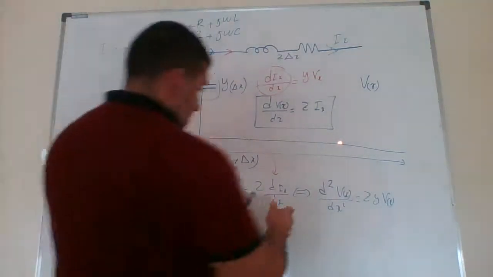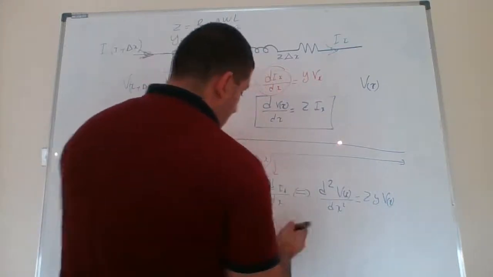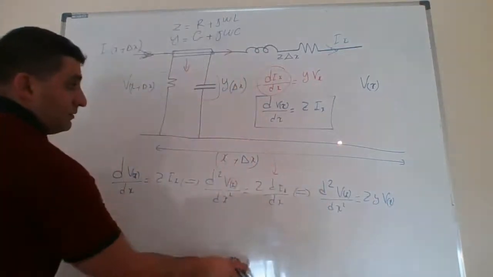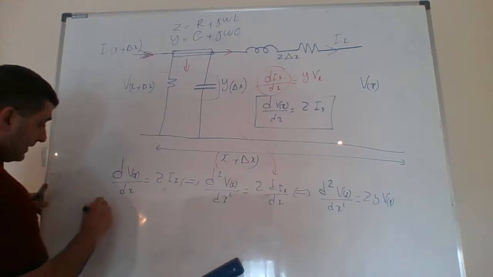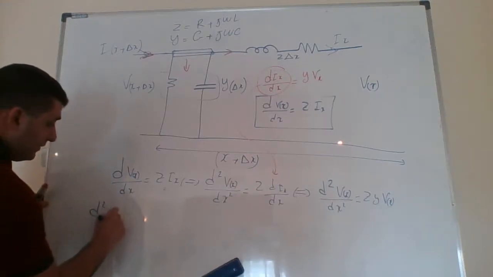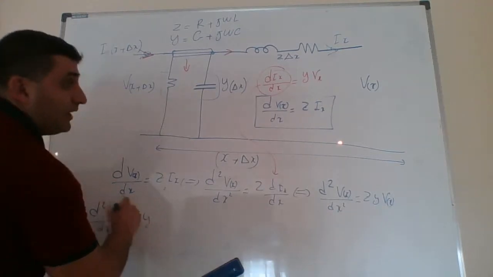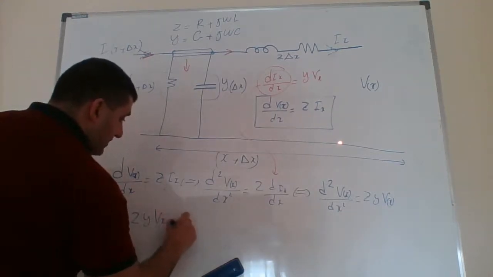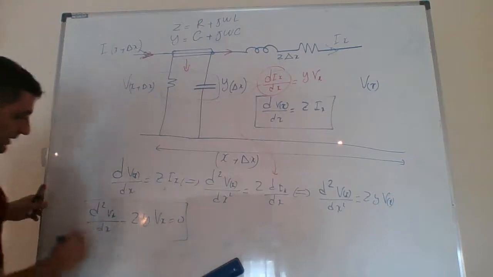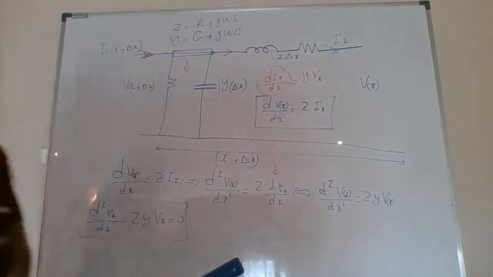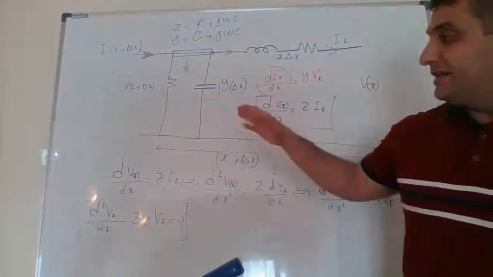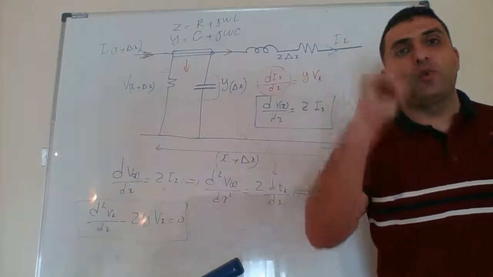Now, this will represent for me d squared Vx over dx squared minus zY Vx, it's equal to 0. This represents a second order differential equation with one unknown.